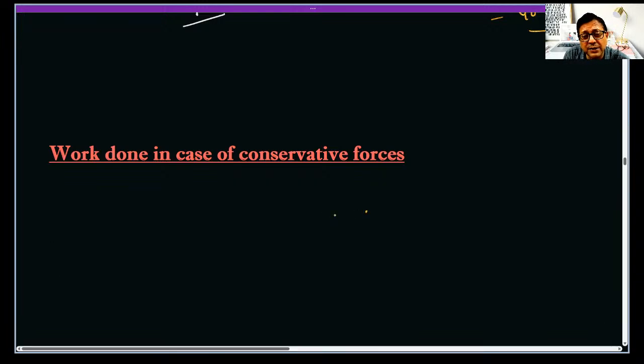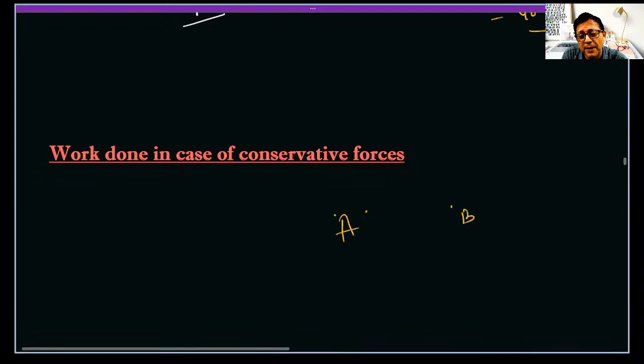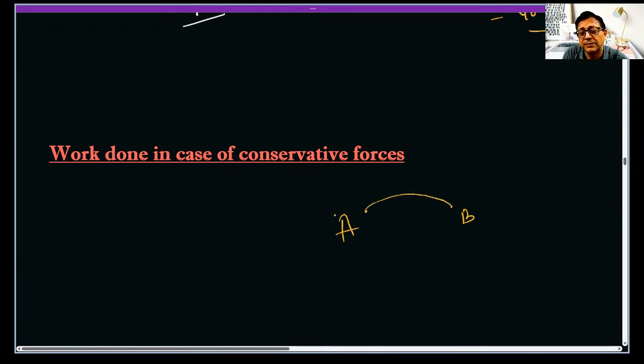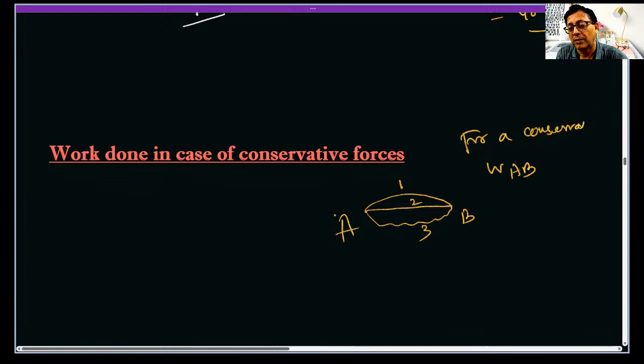Work done in case of conservative force is path independent. Object is taken from A to B via this path, path 1, or via this path, 2, or via this path, 3. WAB will be the same. You can say this is the definition of conservative force only.